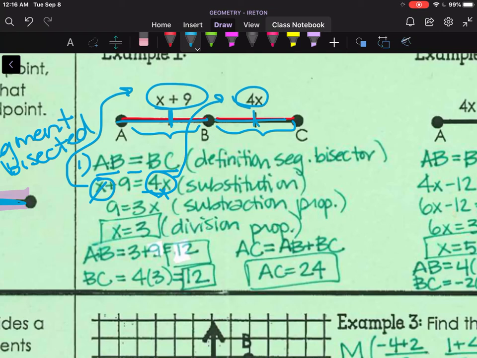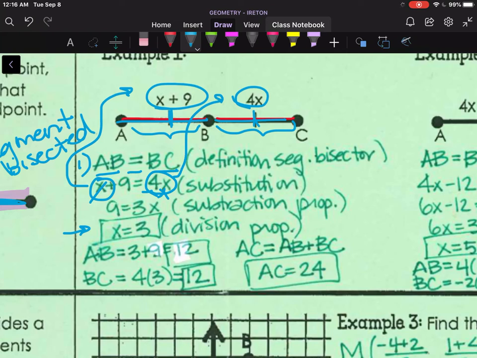If you need some Algebra 1 help, you need to let me know, because this isn't going away. It's going to be around all year. I know last year didn't end well for everyone, so we might need a little refresher, but I don't want you to get stuck on that. Just let me know, and we can always set up a Zoom meeting or something like that. So now I have 9 equals 3x. I'm going to divide both sides by 3, and I end up with x equals 3.